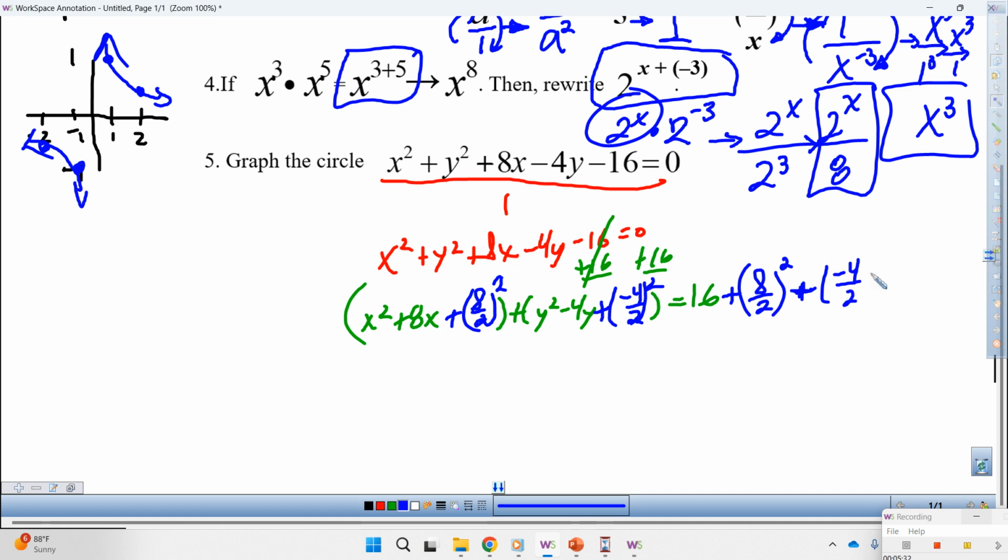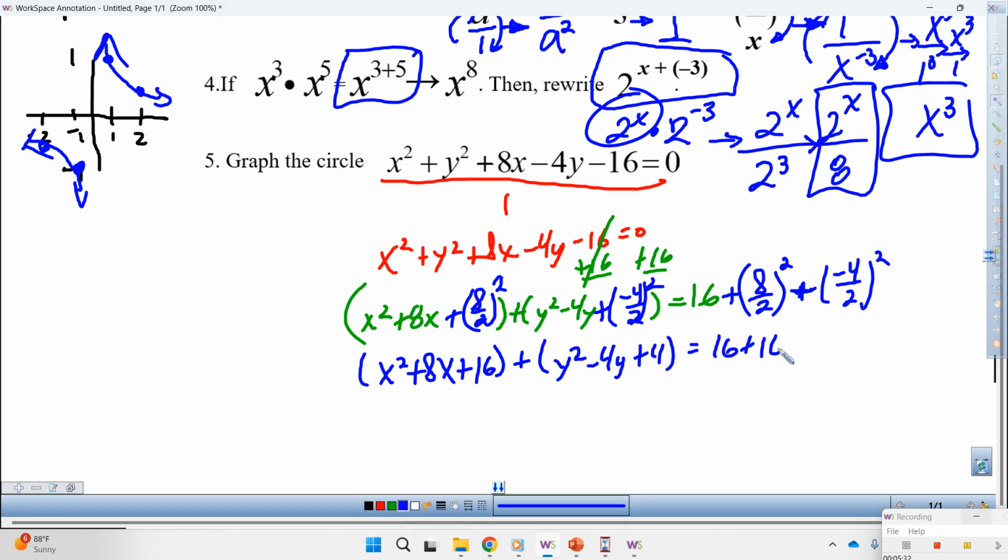So negative 4 over 2 squared. So we got x squared plus 8x plus 16 plus y squared minus 4y plus 4 equals 16 plus 16 plus 4.